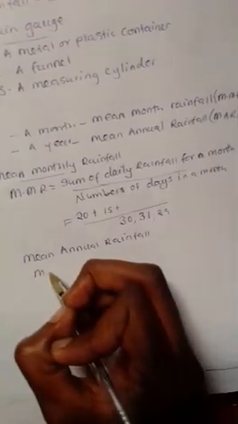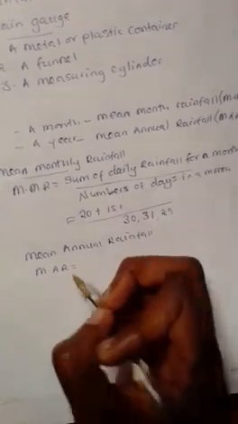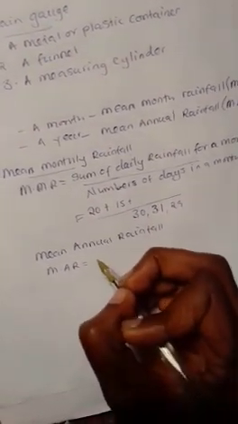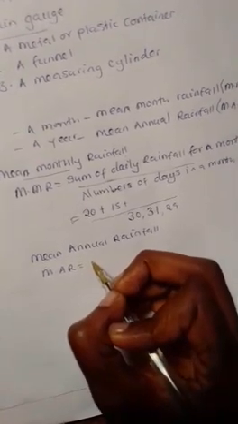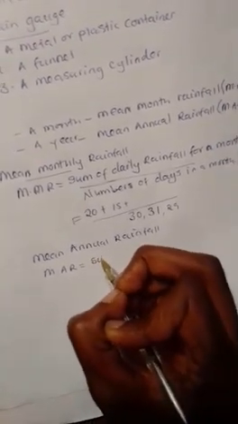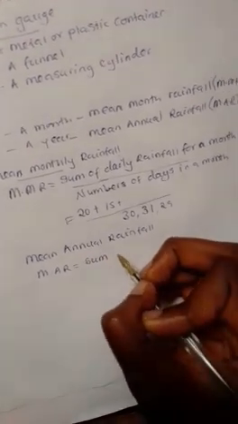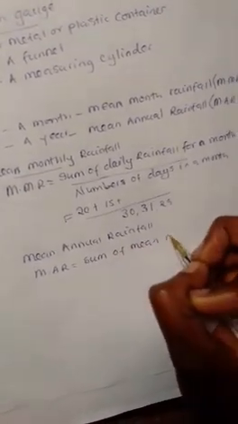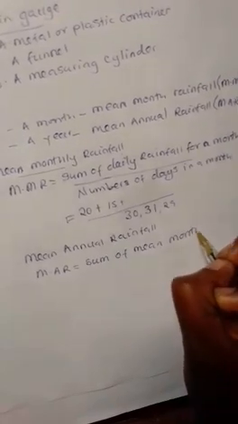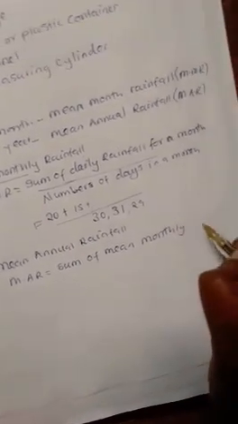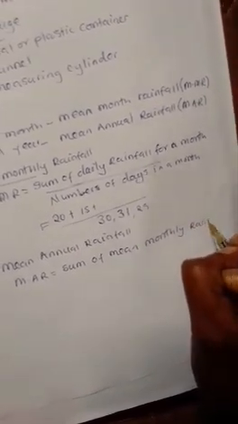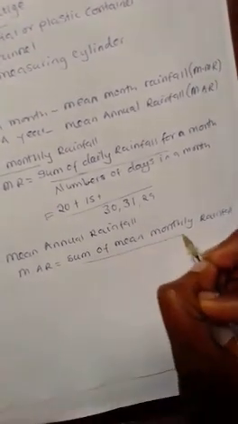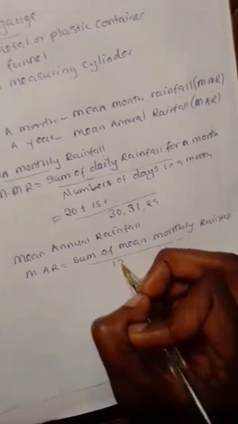The mean annual rainfall is the sum of mean monthly rainfall divided by 12 months.